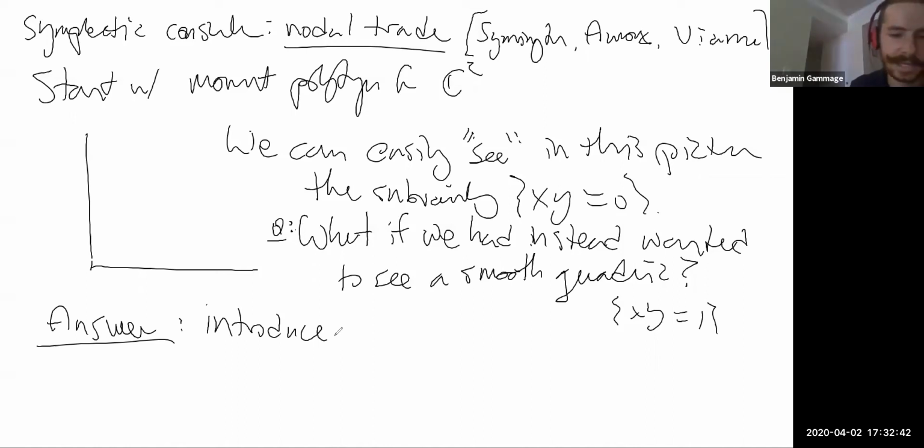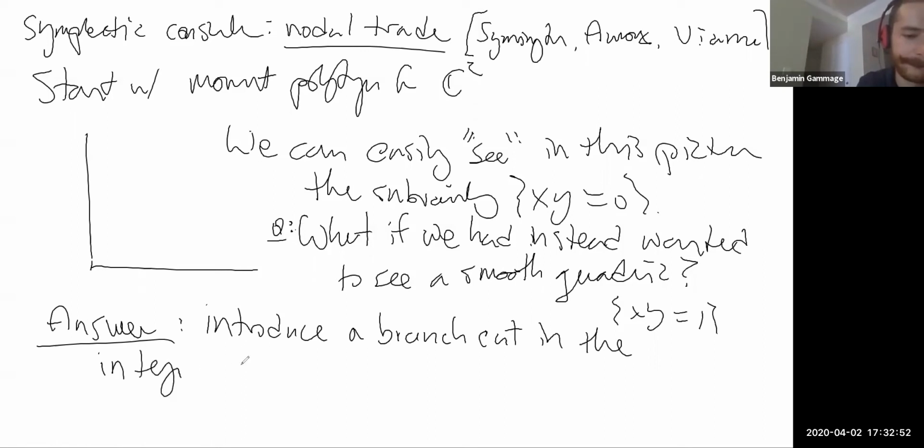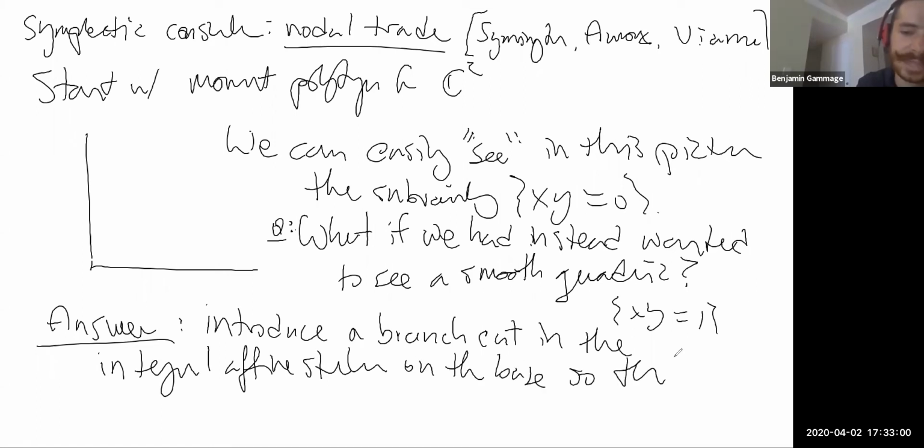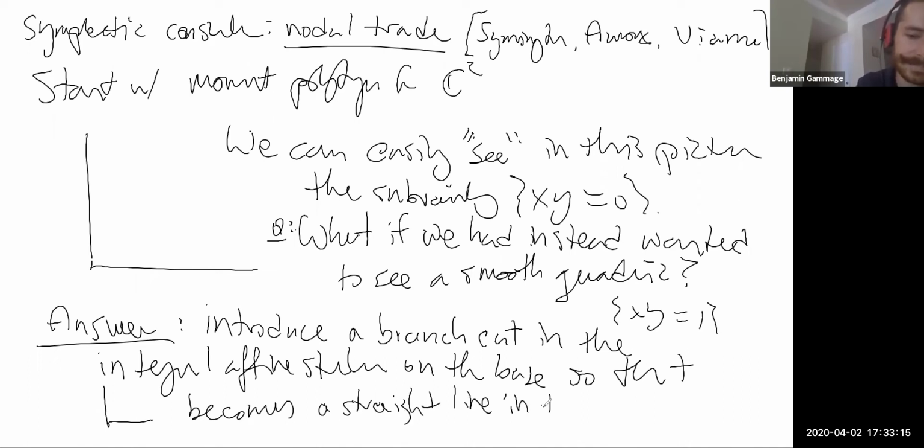Introduce a branch cut in the integral affine structure on the base, so that this boundary piece on the base becomes a straight line in the new integral affine structure, right?